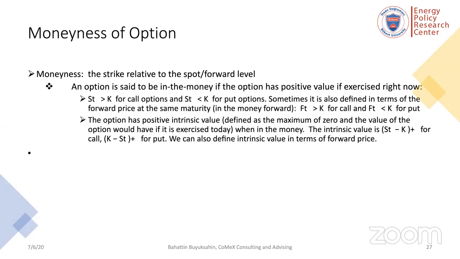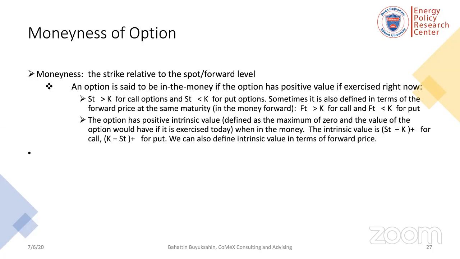Let's talk a little bit about moneyness of option. Options are generally referred to as in the money, at the money, or out of money. The moneyness of option depends on the strike price to spot price of the underlying assets.